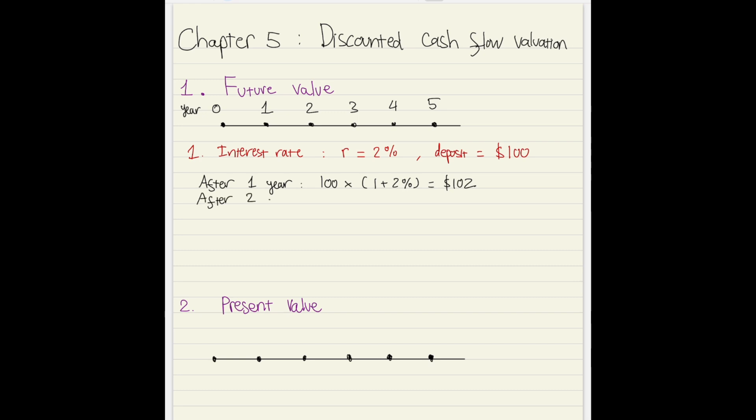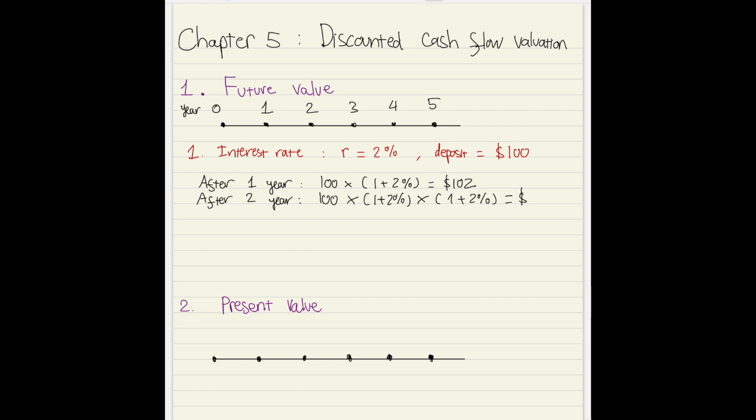After 2 years, you will make 100 times 1 plus 2%, because 100 times 1 plus 2% is what you make after 1 year. So after 2 years, you multiply one more time by 1 plus 2%, and this will be the new amount of money you make after 2 years.